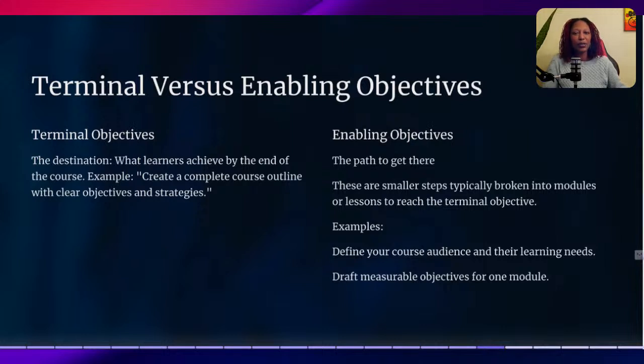So it really helps to make sure that your modules are aligned, your lessons are aligned, and it creates a very logical flow for all of your learners and for you, so they're not left wondering, why am I here? Right? We don't want anyone to ever say, why am I here? Or how does this help me reach the goal that we said we were going to get by taking this course? So instead, each step in those enabling objectives builds on the last, and it helps to move closer and closer and closer.